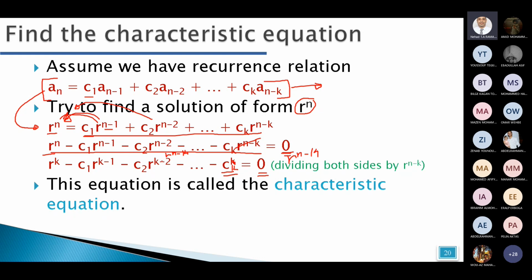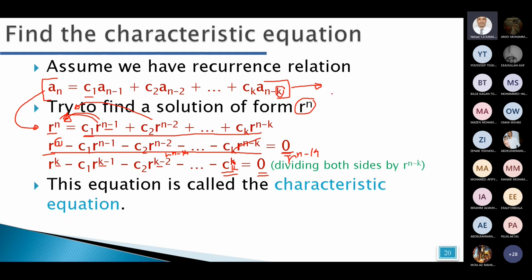Minus, minus, minus. If you divide it, it becomes like this. Instead of n, you have k minus 2, yes? So k minus 2, k minus 1, and instead of n, now we have k. What is k? k is the degree.